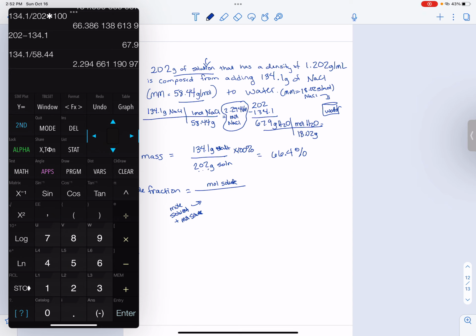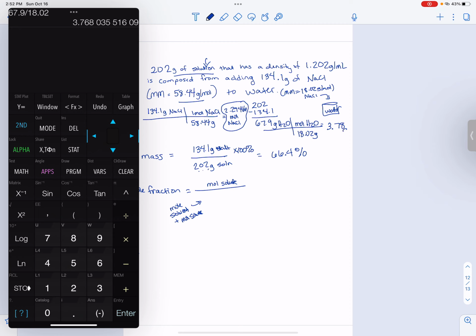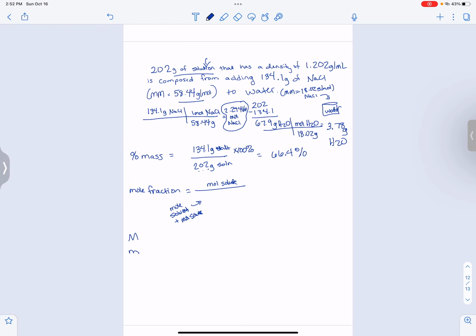Now over here, 67.9 divided by 18.02 gives me 3.78 grams of water. And of course, some of these numbers are going to be crazy numbers here because we're just trying to teach you how to do some of this. And that's not grams, that's moles.